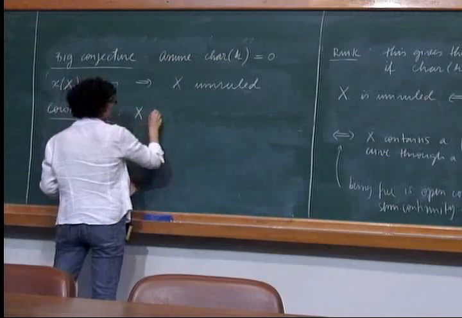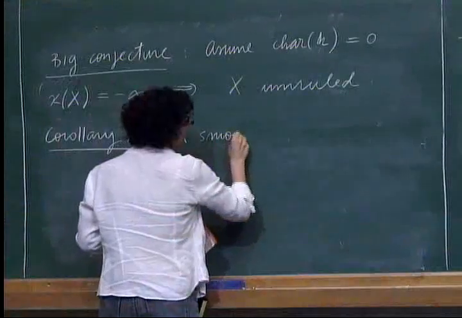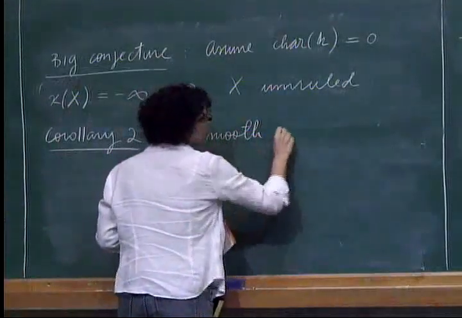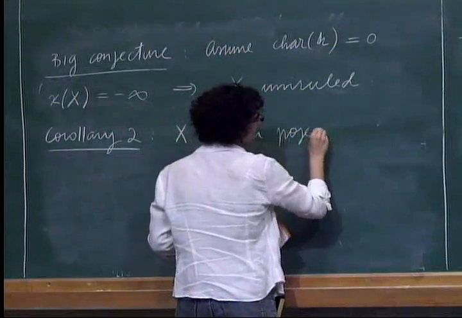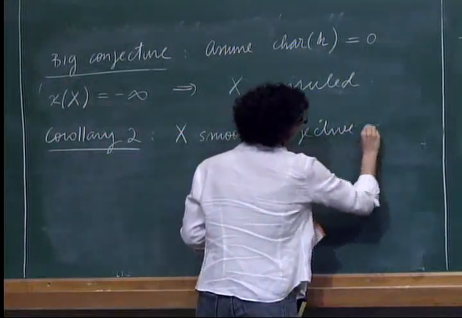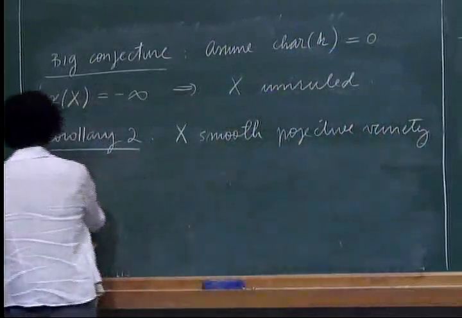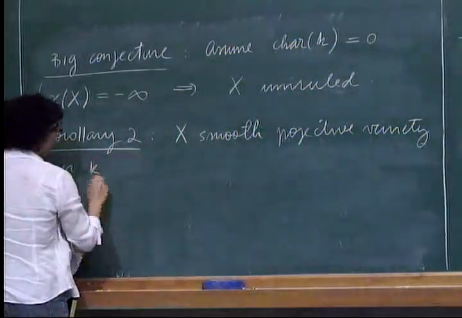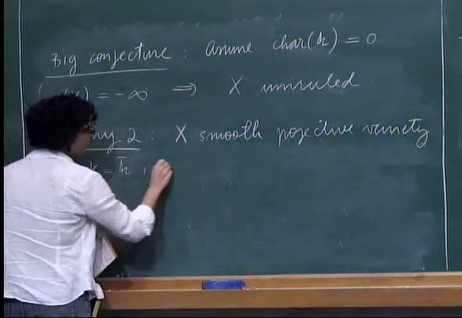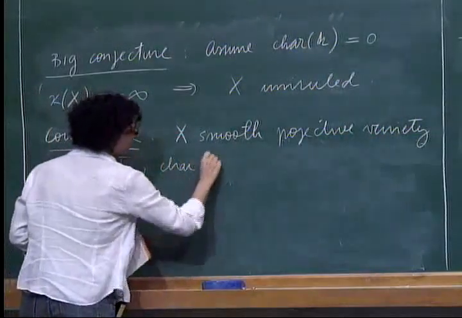So again X will be a smooth projective variety over K, an algebraically closed field, characteristic 0.